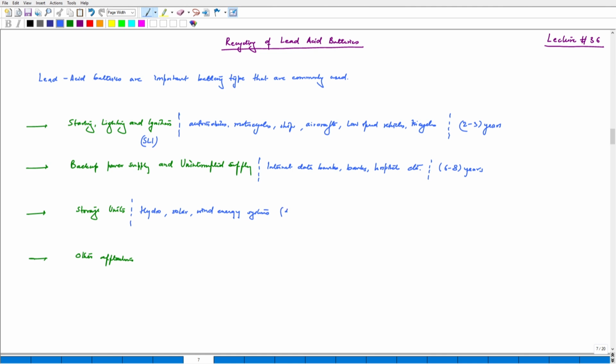So we have 4 to 10 years. And the other, so other applications where we can have toys, instruments, etc. So we have also power applications. It could be having 2 years.